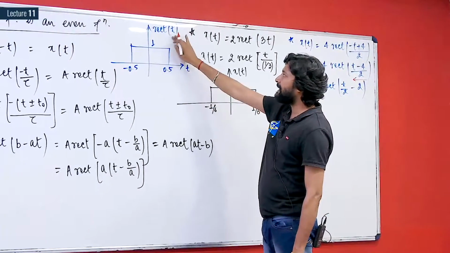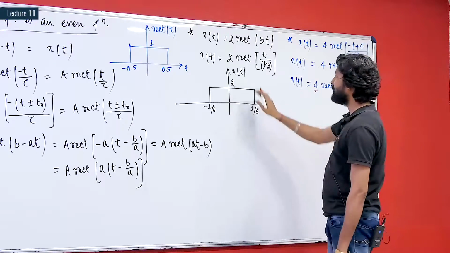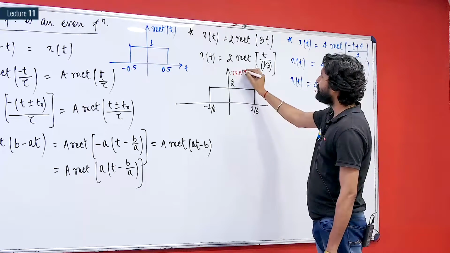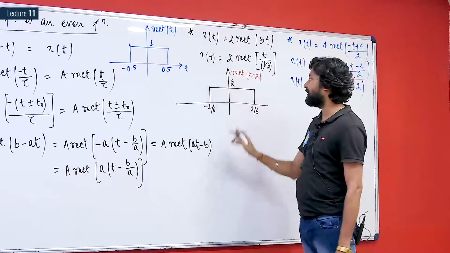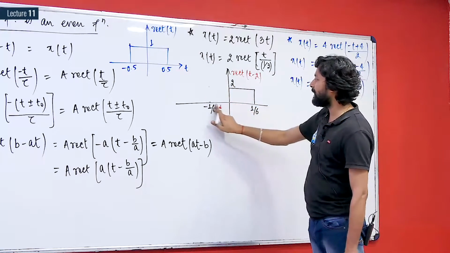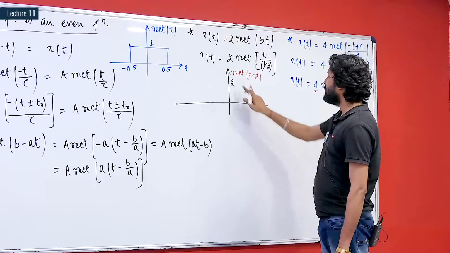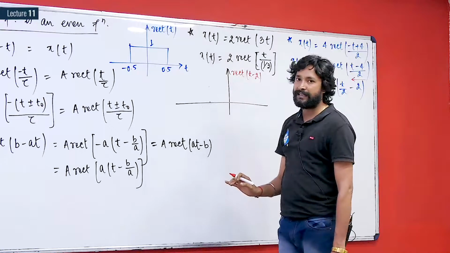So, it is your unit rectangular function. First, if you delay this function by 2 units for the first time shifting operation, then you can plot this function. Suppose we have taken this function rectangle of t minus 2. We just have performed a shifting operation on this function. So, how will this function look now? If you want to plot rectangle of t minus 2, then you shift this function toward the right-hand side by 2 units.